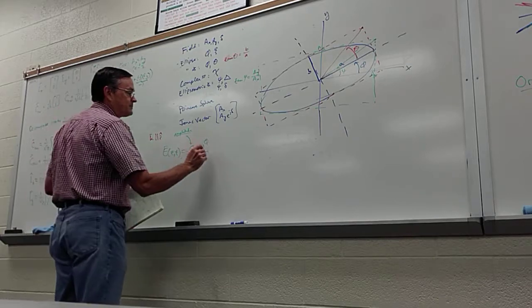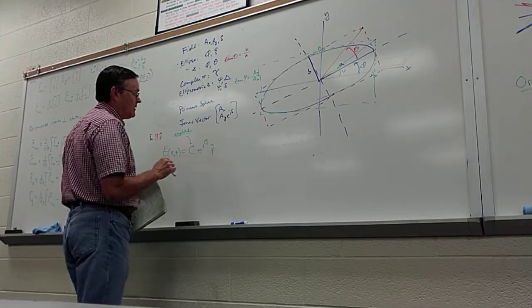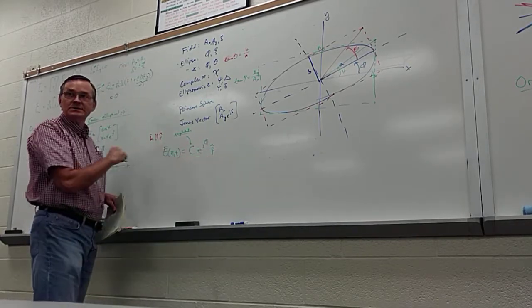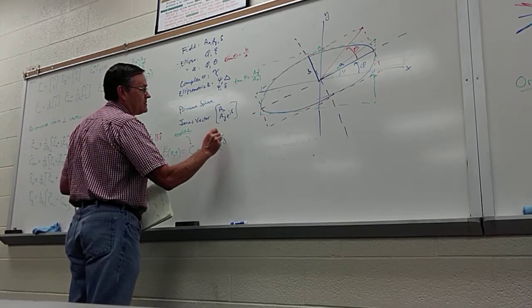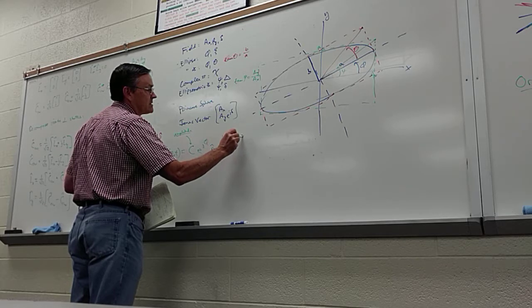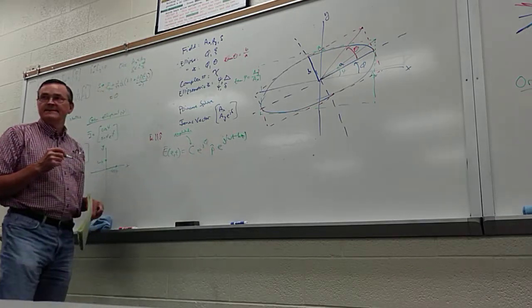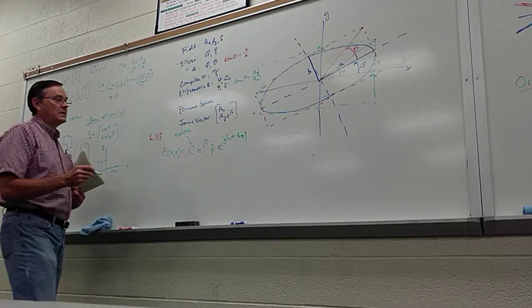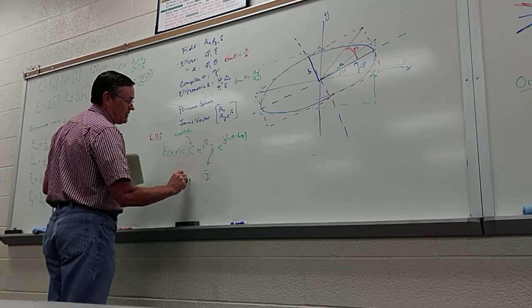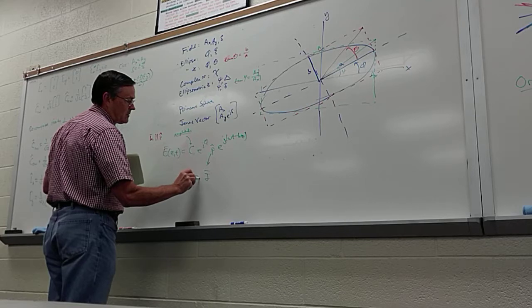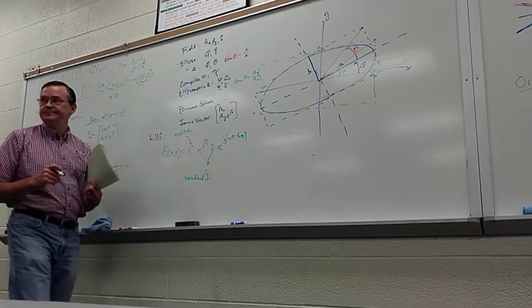And then the wave will have some polarization state. And then e to the j omega t minus kz. This polarization state is just a normalized Jones vector.